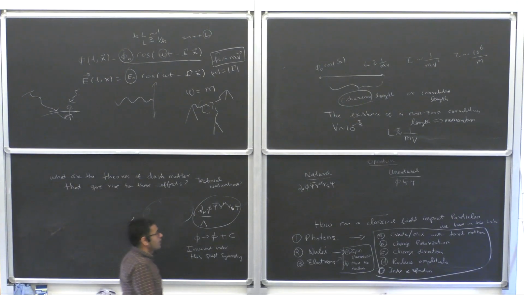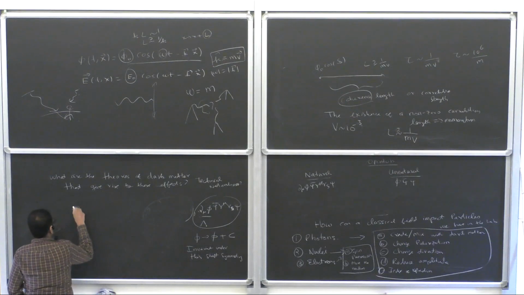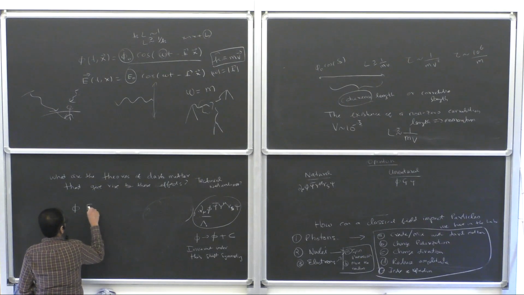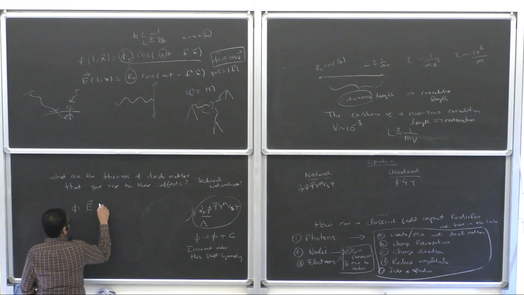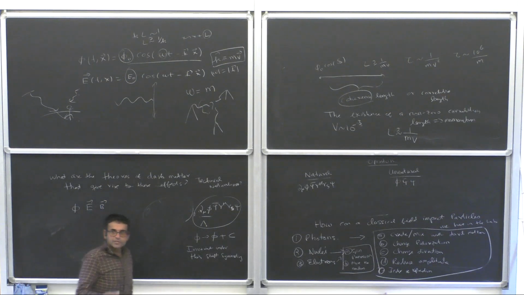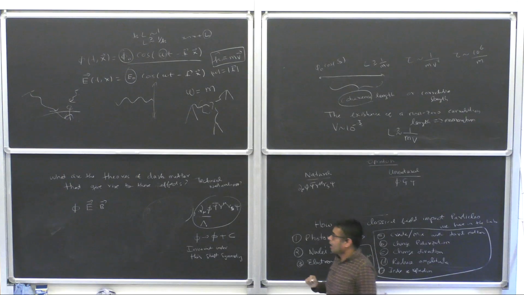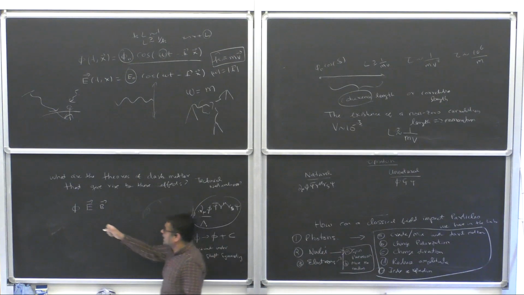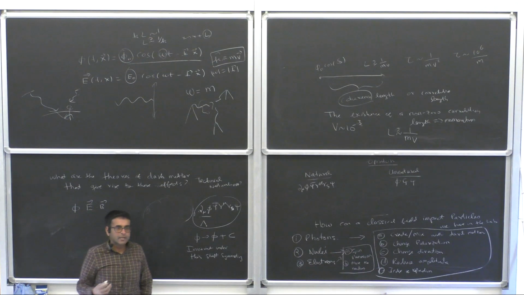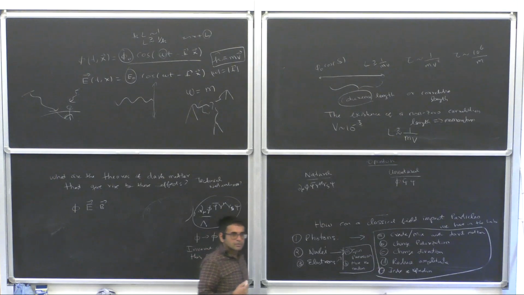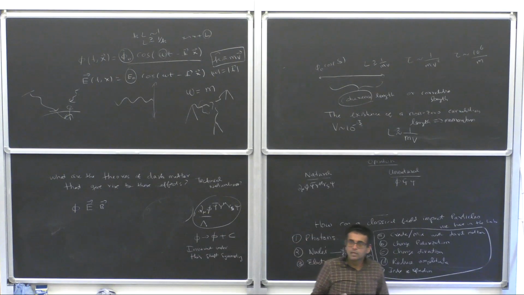There is another term I can write for the scalar, which is the term phi, let's call it E dot B. That is Kira's term from yesterday. Is that a technically natural interaction? Is that shift symmetric?